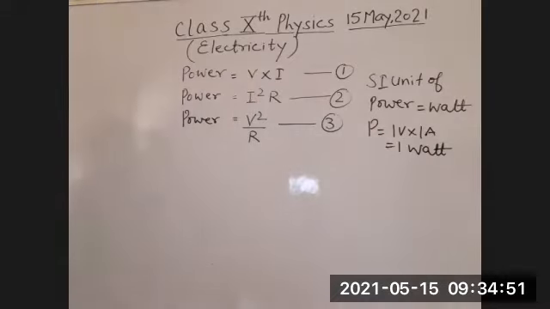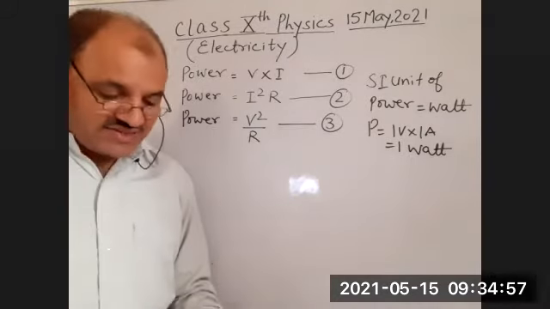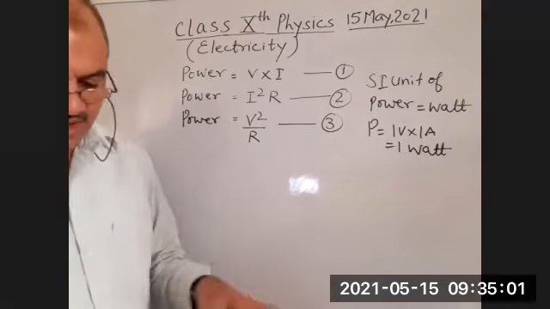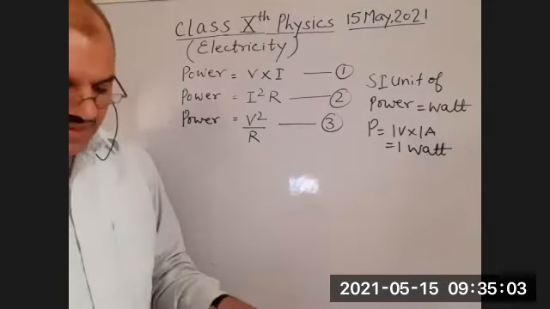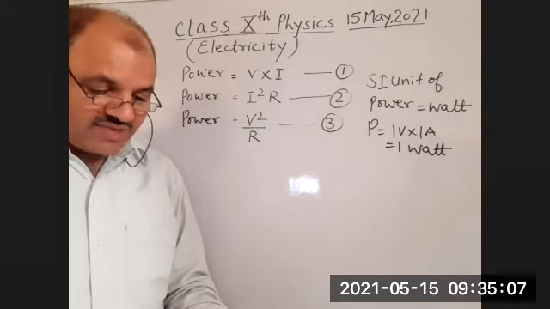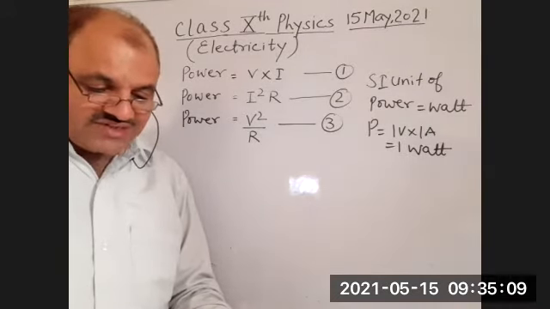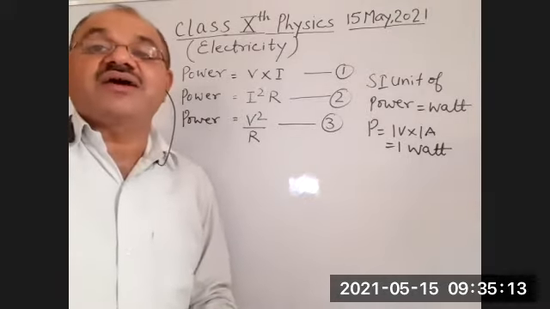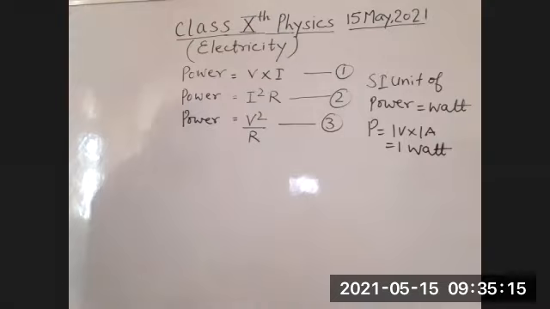Now students, I'll read out the statement of the question given on page number 220. Question number 1: What determines the rate at which the energy is delivered by a current?